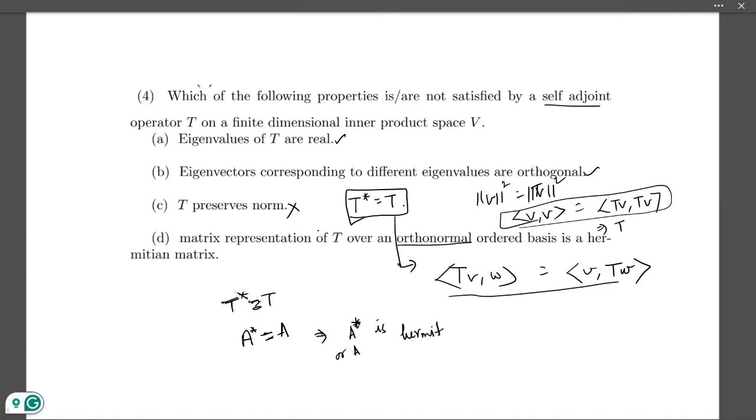I'm right or not? What is the definition of a Hermitian matrix? A star is equal to A, right?